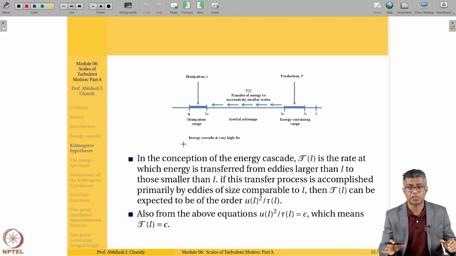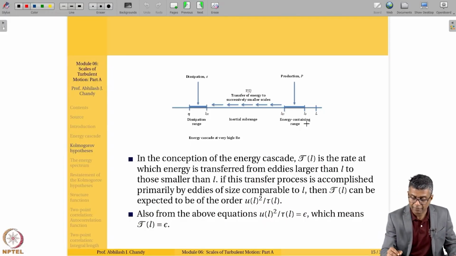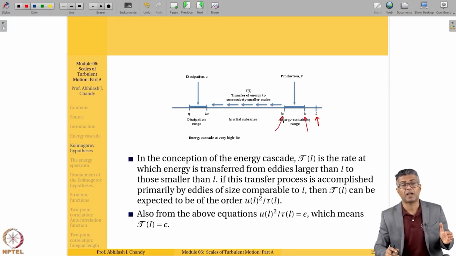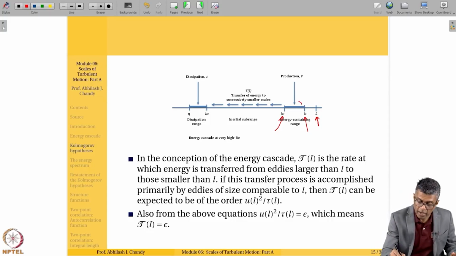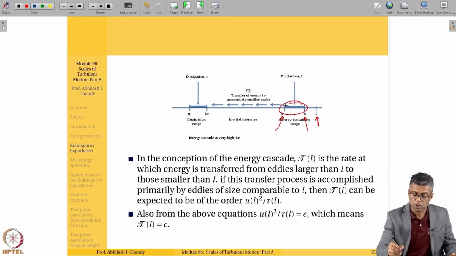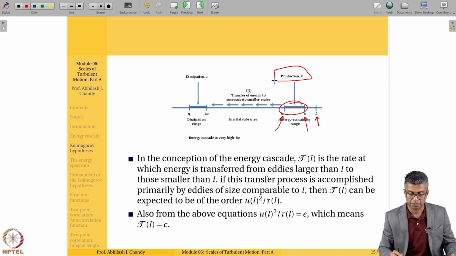So I've shown the length scales again here, the same usual suspects. I have the characteristic length scale, the largest length scale, and the demarcation length scale. Obviously, everything above LEI is the energy containing range. This is where the energy is being produced, so I am calling that the production.